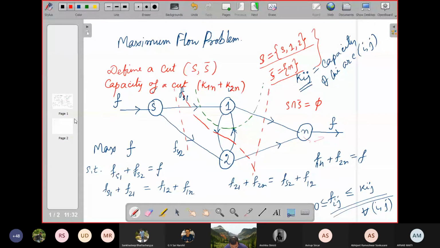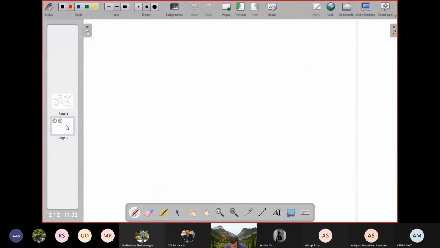So now we go to the fourth question. It is also known as the max flow min cut theorem.